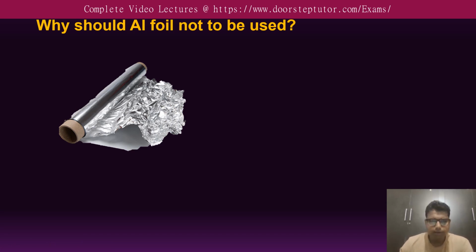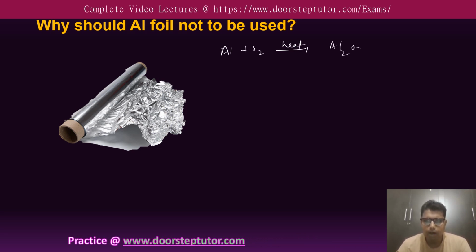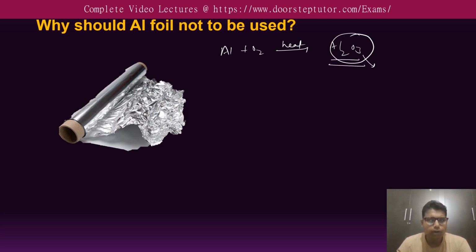So aluminum reacts with oxygen in the presence of heat and makes alumina, which is not good for our health. This is why aluminum foil should not be used.